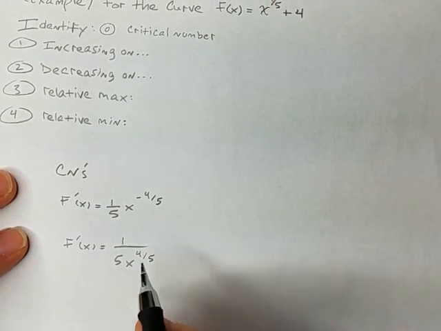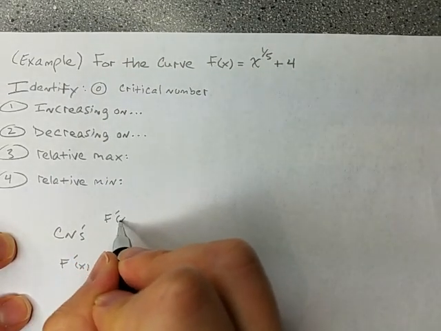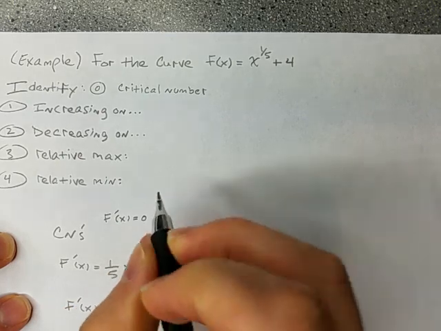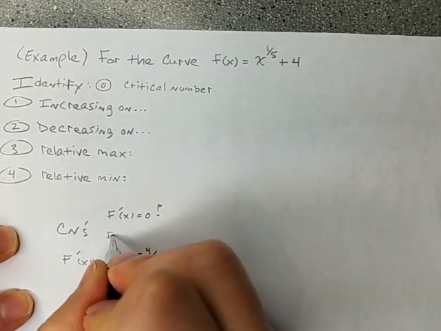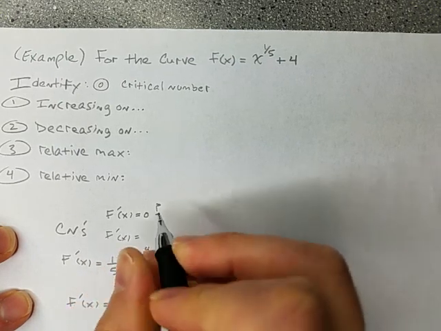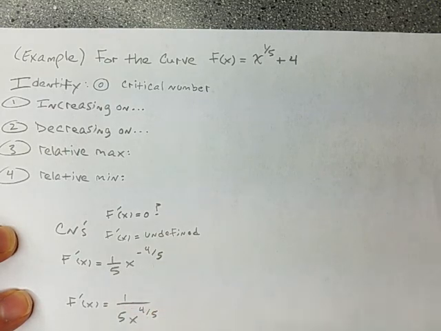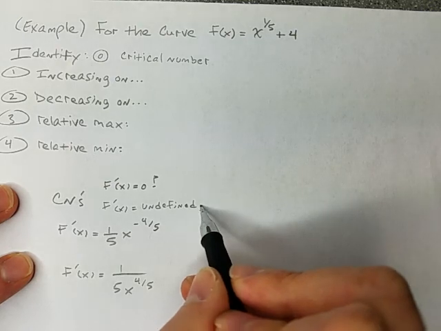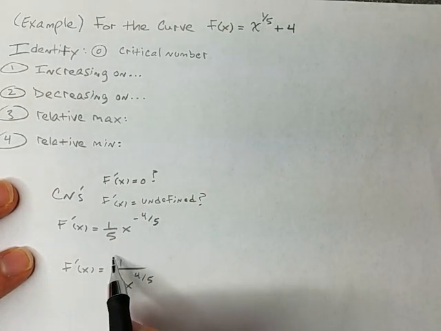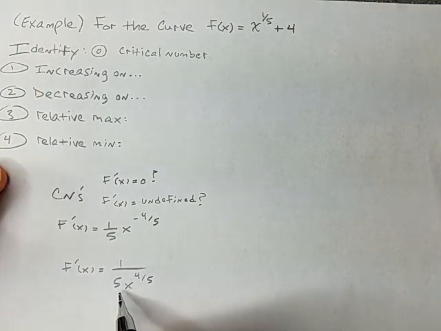Okay, all right, so what are critical numbers? Critical numbers are points where the derivative is either 0, is that possible? Or the derivative is undefined. Okay, now if that's the derivative, that will never be 0. I mean, if that is a constant, 1 divided by any other number is not going to be 0.